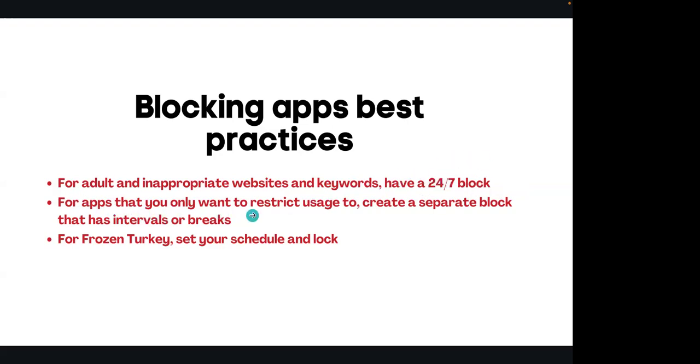For apps that you want to restrict usage to, create a separate block that has intervals or breaks. You still want them to play games and do a few other things, just have fun, but you want it limited to a particular amount of time in a day. You can simply use a separate block like we did.